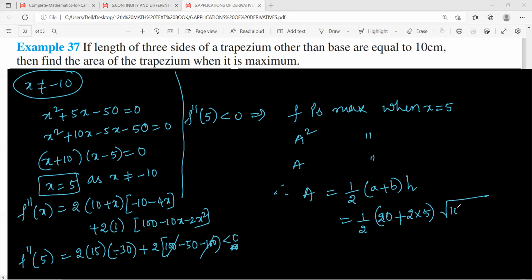Root of 100 minus x square. What is x square? 5 square. So this is going to be 30 minus 15 into the root of 72. So 5 root 25 square units, centimeter square.